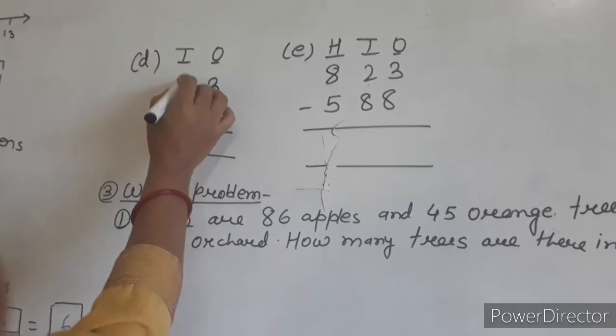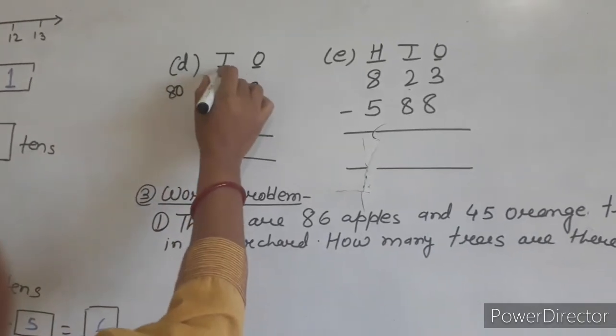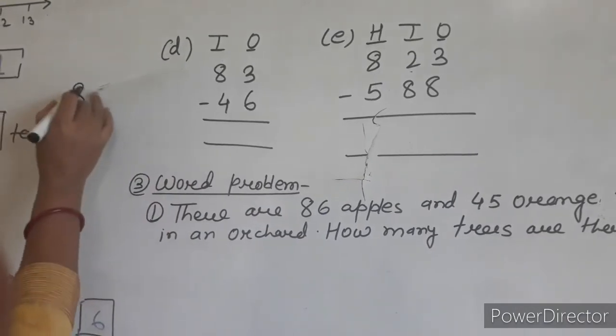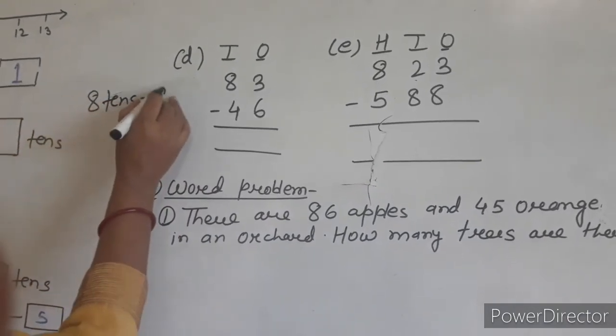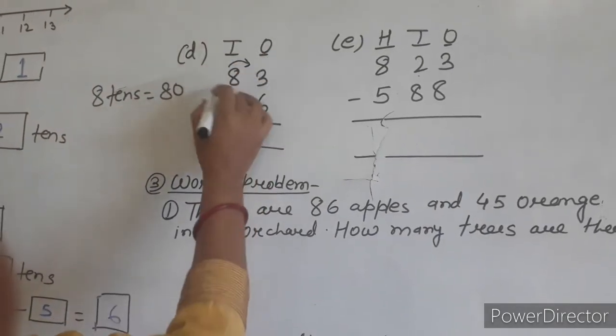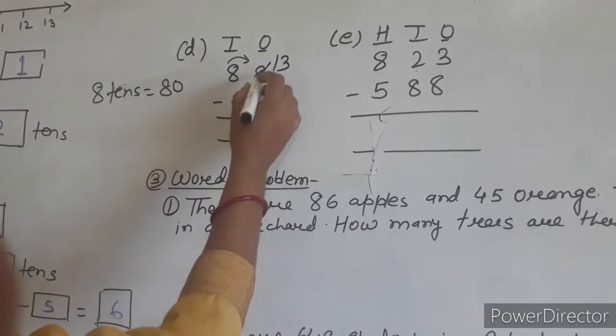As it is 8 means it is 80. Okay, this 8 tens means 80. Right, 8 tens is 80. So if we give 10 to this, then this will be 13.